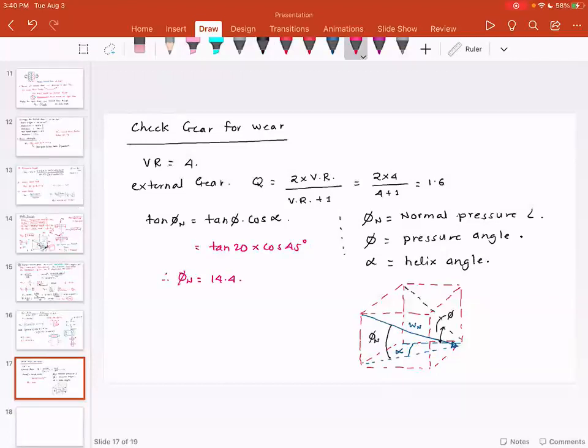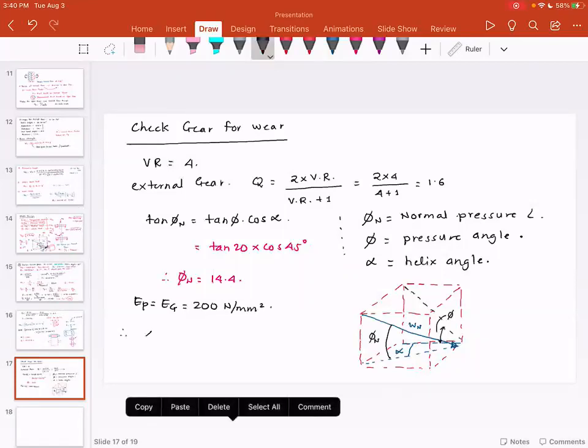And once we find out this value, we can find out EP is equal to EG is equal to 200 Newton per millimeter square.